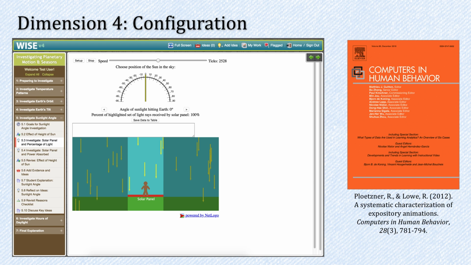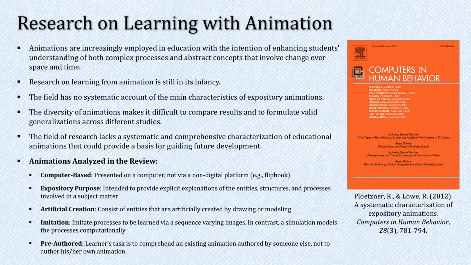This is an example of using animation embedded in a complex multimedia learning environment. So that's a brief overview of the state of animation research. As you can see here, there's lots of dimensions to animation and lots of things that need to be considered when thinking about designing and or implementing animation for learning purposes.